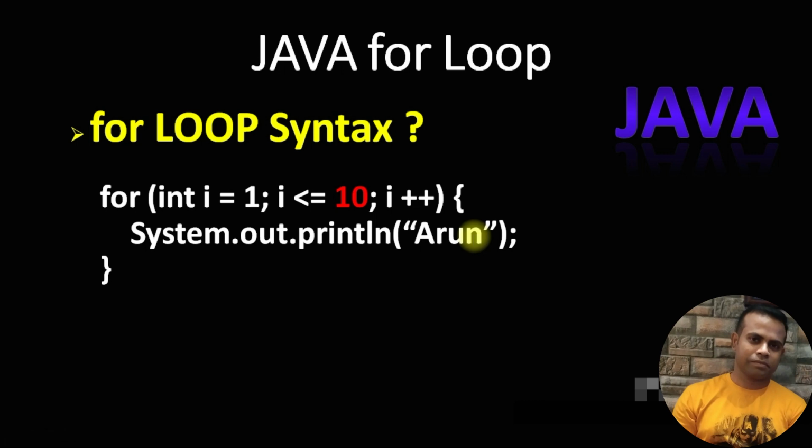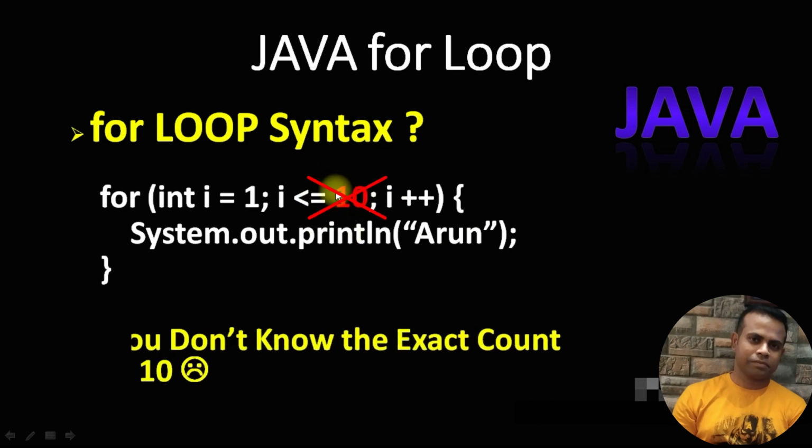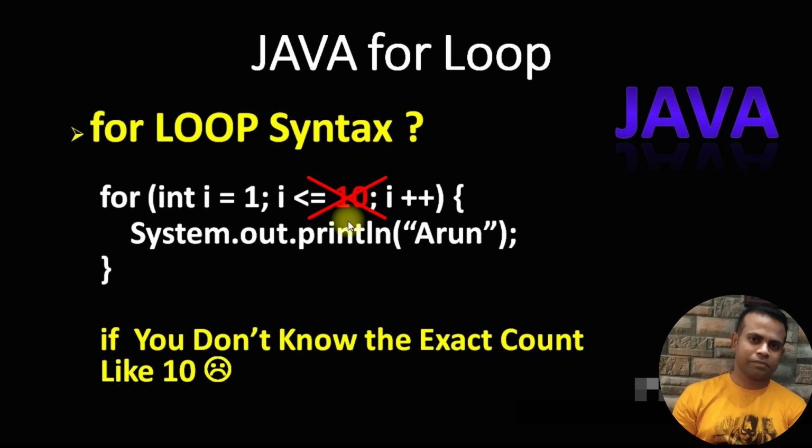Now let's think, if you don't know this count in advance, then how can you execute your program using a loop? Here our while loop concept comes into the picture.